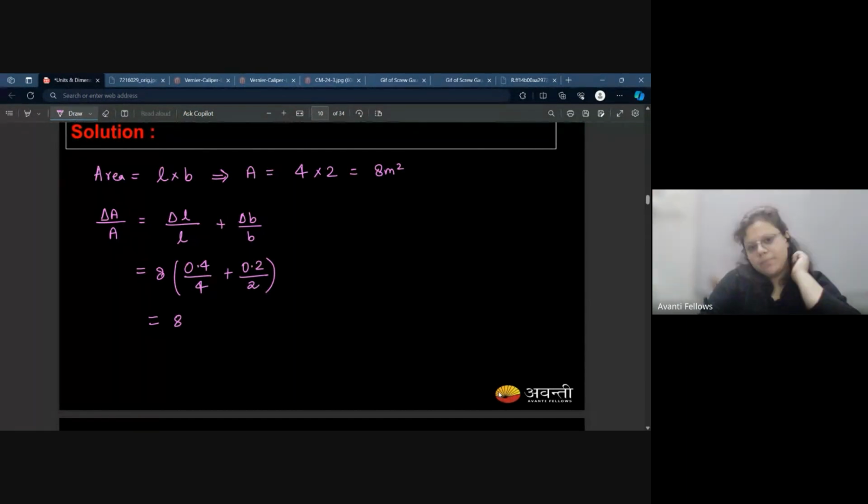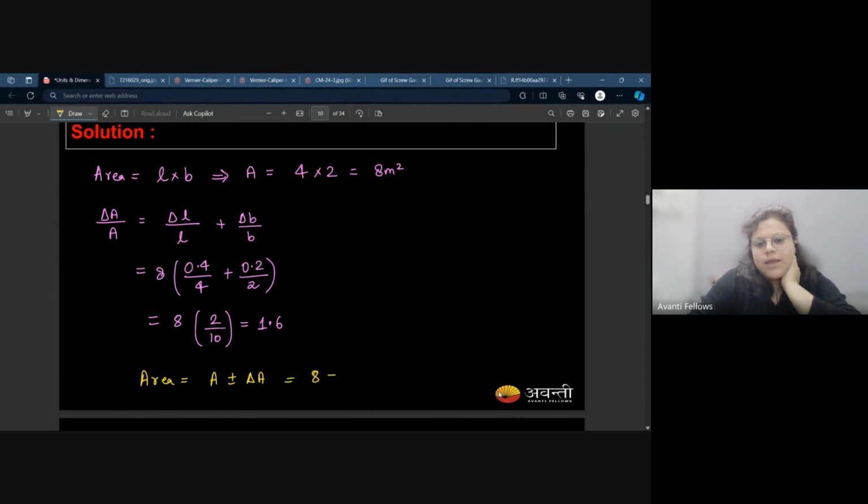It would be 1 by 10, and this is also 1 by 10. It would be 2 by 10, that is 1 by 5. 5 eights are 40, so it gives 1.6. So the answer would be that area is equal to A plus minus delta A, which would be 8 plus minus 1.6 meters square.